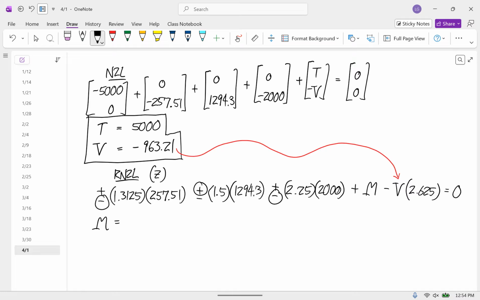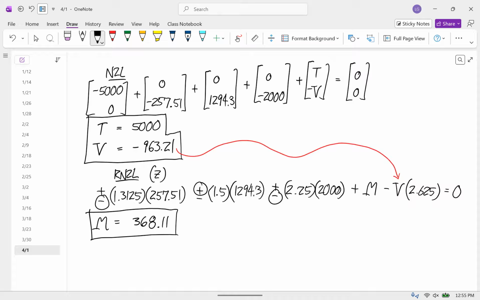So M is equal to, that's a positive. Yeah, 963.21 times 2, and I got 368.11. Okay, anybody have any questions about that?